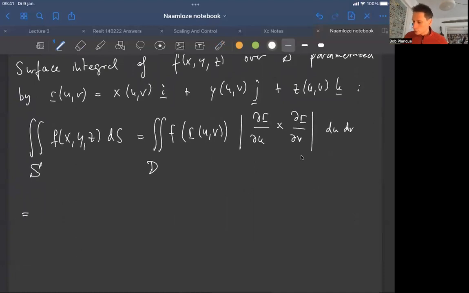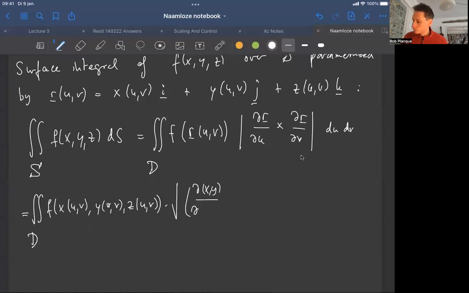So to spell that out, and this barely fits on a line, I have to fill out my component functions in F and then compute the length of the size of this area element, which, as we saw, is given by... I'm trying to put them in the right order.